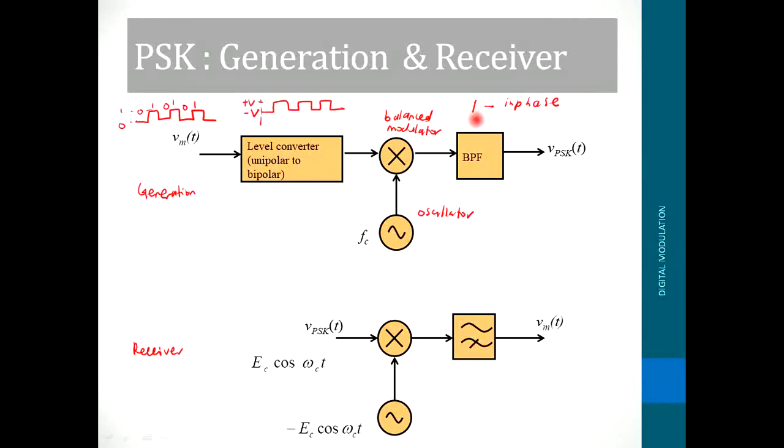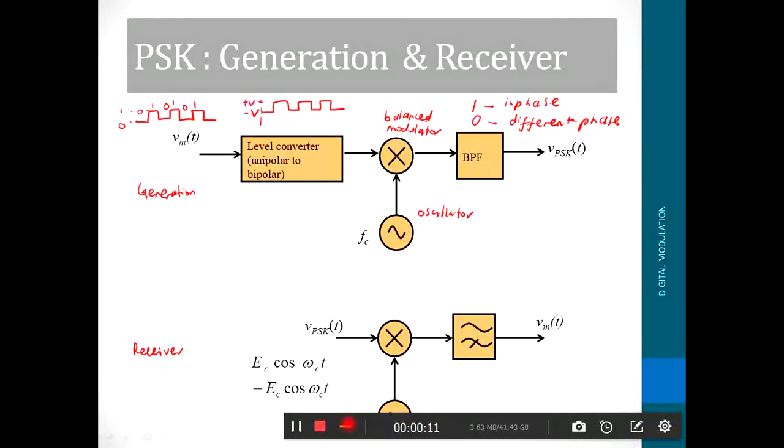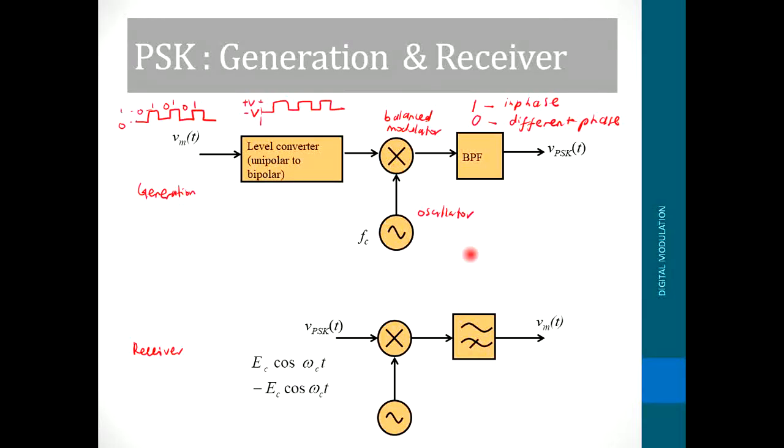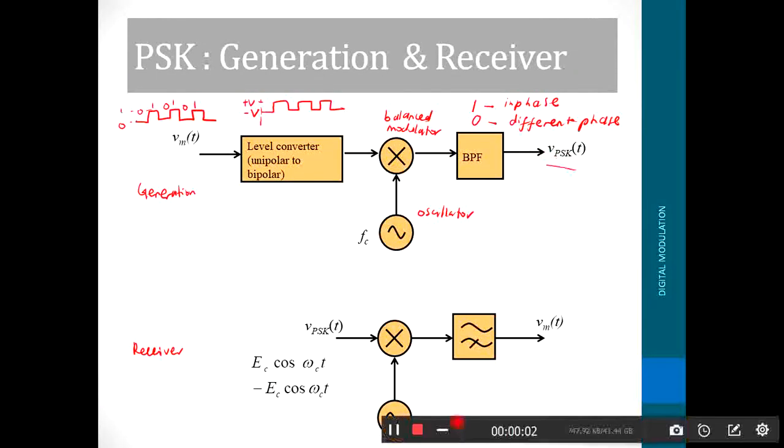But if the input is logic 0, the output is a different phase from the oscillator signal. Then the output of the balanced modulator goes through the band pass filter. This band pass filter allows the range of the required signal, and the output is VPSK.